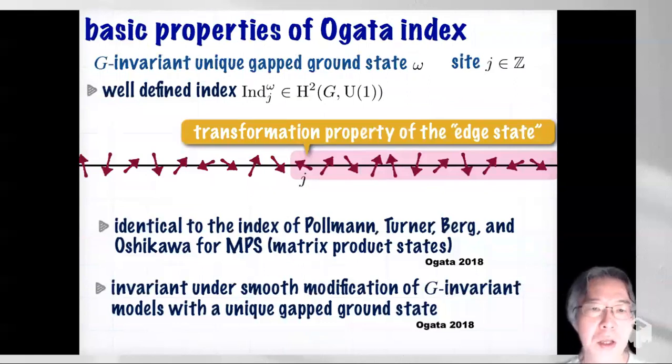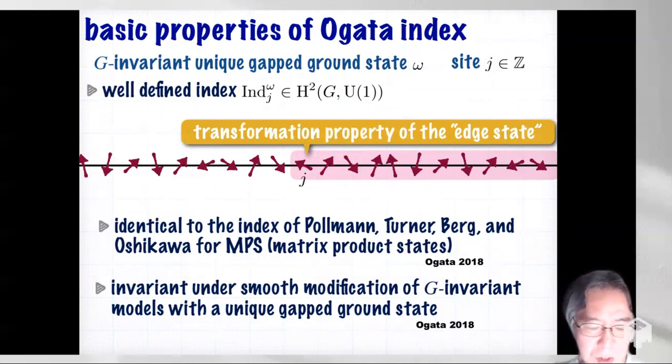So let's look at basic properties of this Ogata index. Omega is again a G invariant unique gapped ground state, and J denotes an arbitrary site. Then for each site, and of course for each omega, we have a well-defined index that takes value in the second group cohomology.